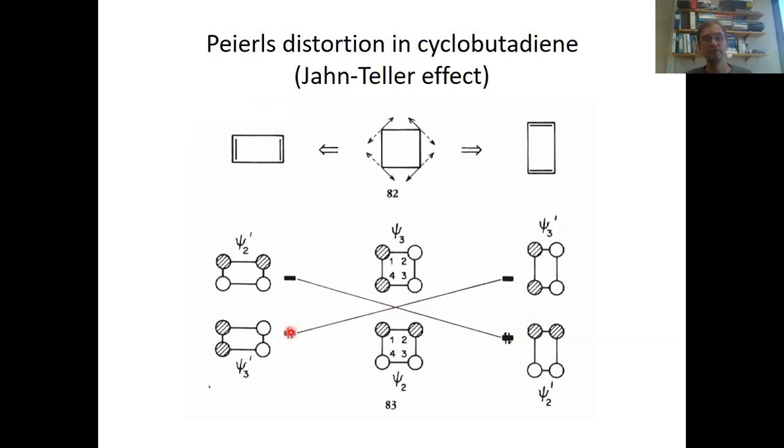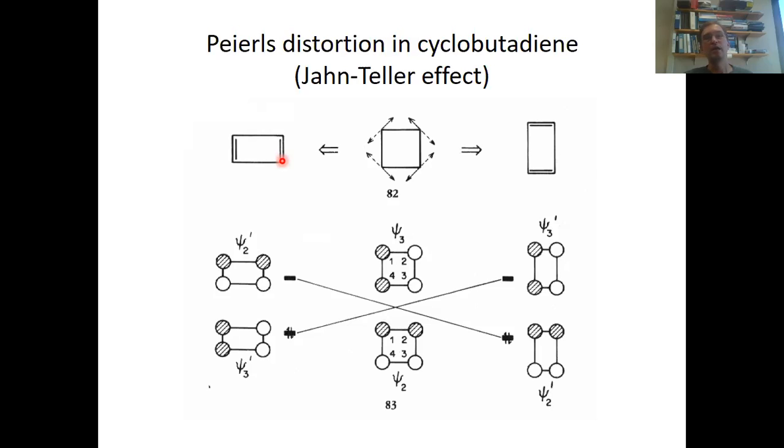It's just that now this orbital here becomes the bonding one, and this orbital here becomes the antibonding one, but still we can take our 2 electrons in the non-bonding orbitals and fill them into the now bonding orbital. Thereby we have stabilized the energy of our electrons. For that reason, the cyclobutadiene does not make a square. It actually localizes its pi electrons to form a rectangle.